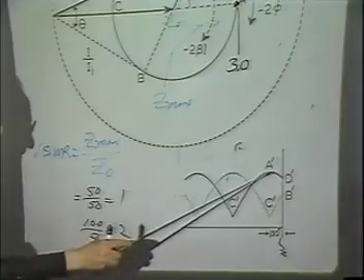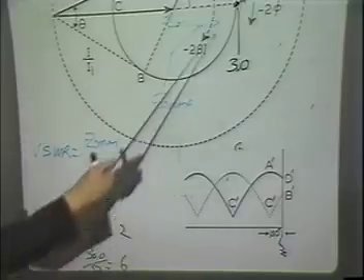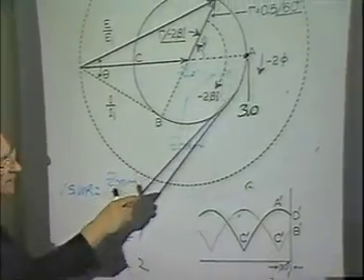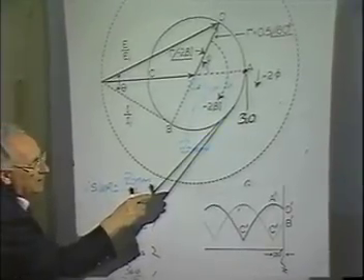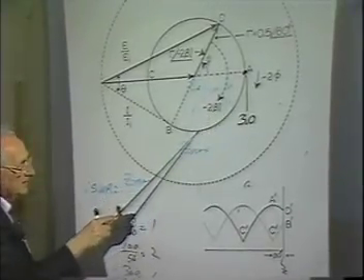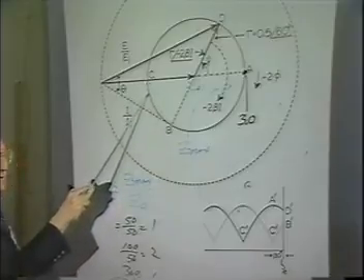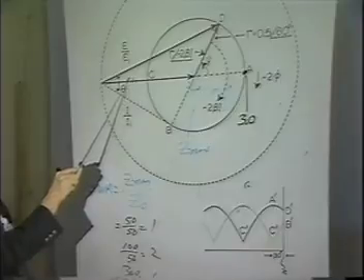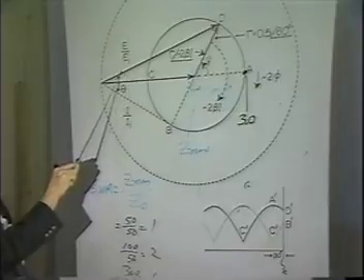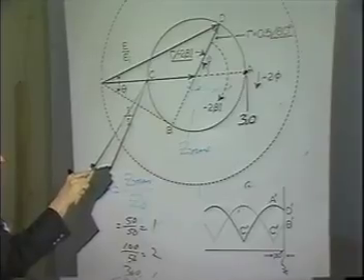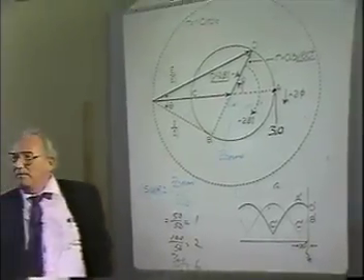Notice if I start at Z max right here, when I go around here there will be a resistive component and a reactive component. Look what's happening here. The resistance is getting very small, right? And the reactance is getting small because the reactance has to go to 0, doesn't it? So the reactance will go to 0, and the only thing you'll have left is this resistance value here.